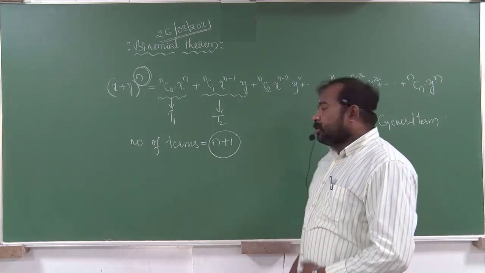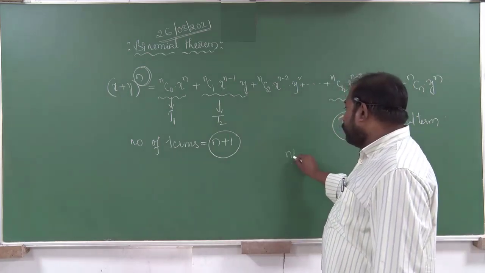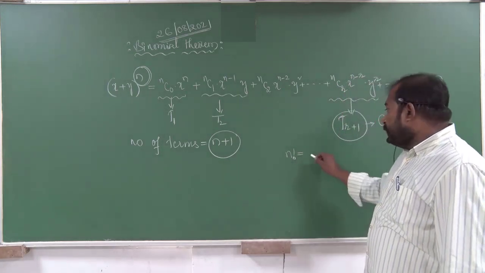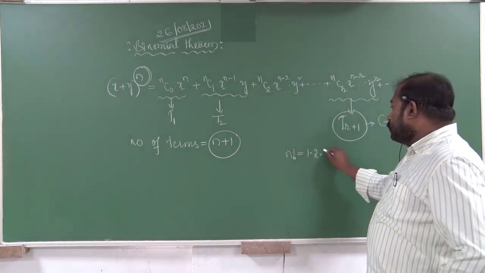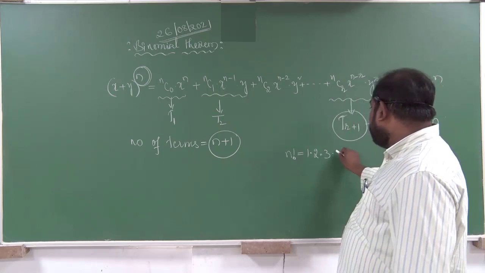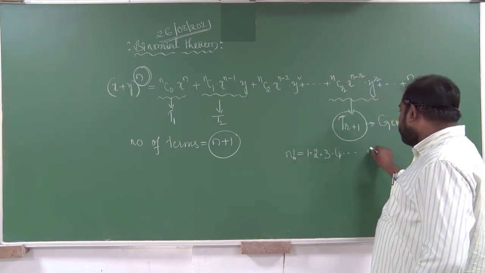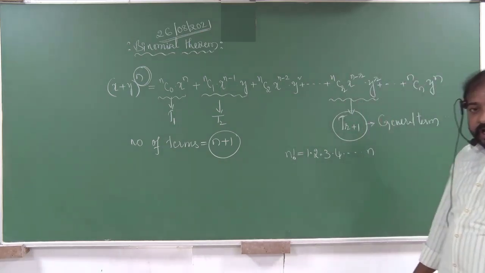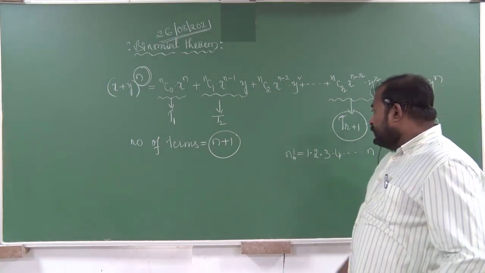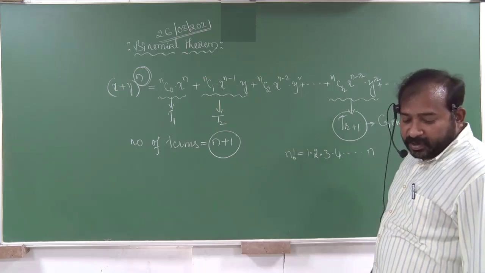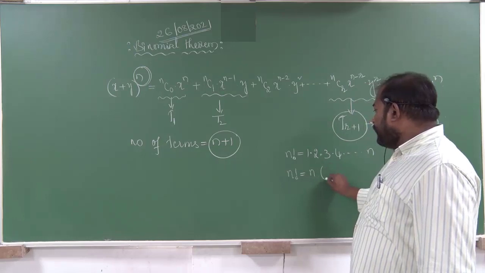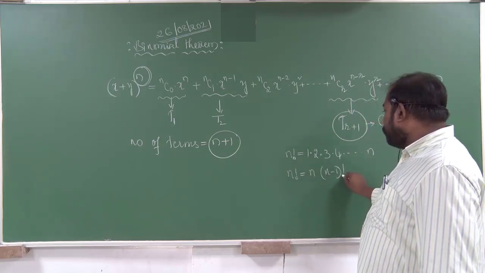In addition to this, one more point I gave: factorial. N factorial, what is the meaning? N factorial means 1 into 2 into 3 into 4 up to n. N factorial means the product of the first n natural numbers. And n factorial equals n into (n minus 1) factorial also.